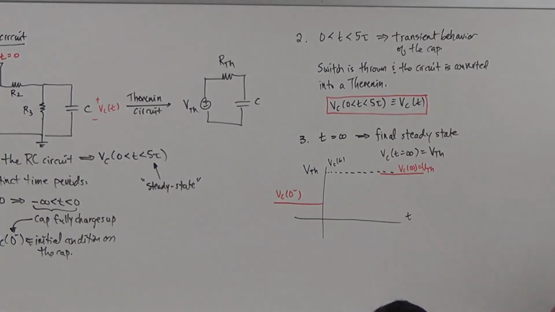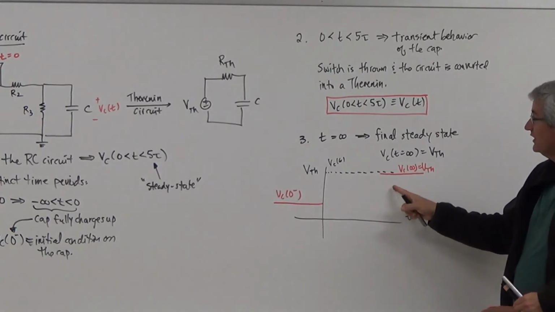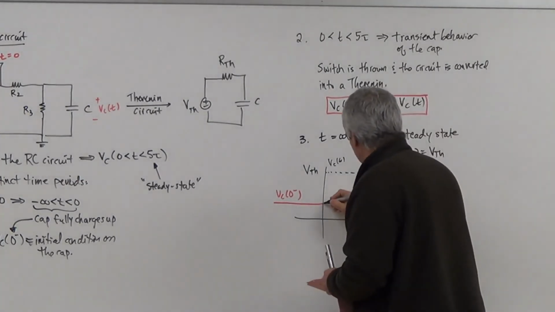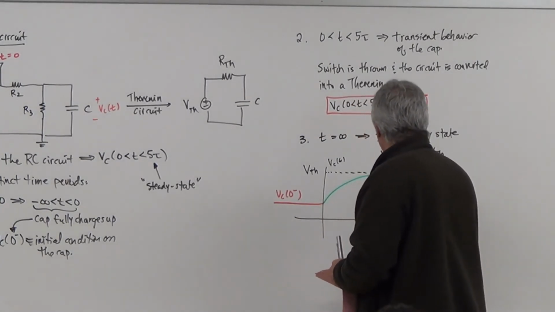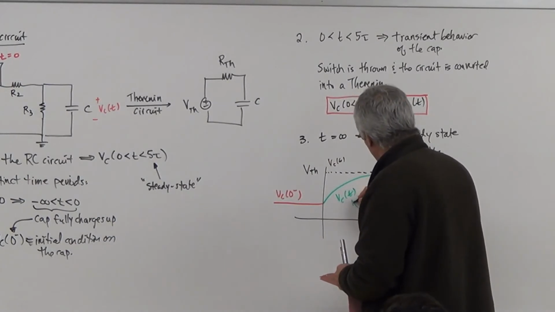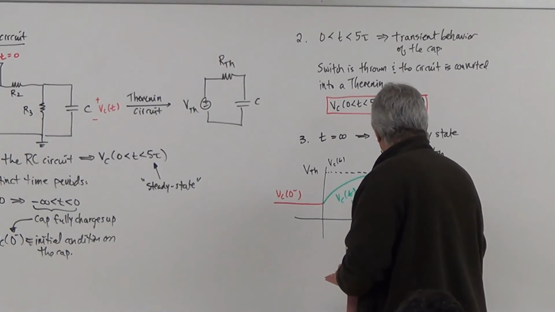So how I get from this initial state to that final state is this guy right here. This is the guy that we call VC of t. This is what we're most interested in.